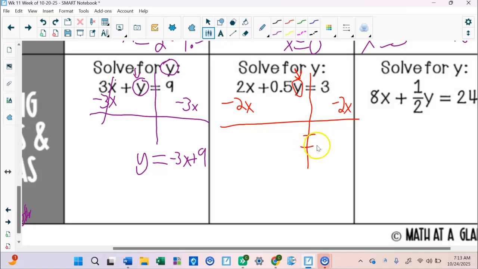And again, 3 and negative 2x can't go together. We're going to learn something called slope-intercept form, with the variable terms first. Now we're going to divide both sides by a half. If you have a calculator, negative 2 divided by a half, you're going to get negative 4x. And then there you're going to get 6.